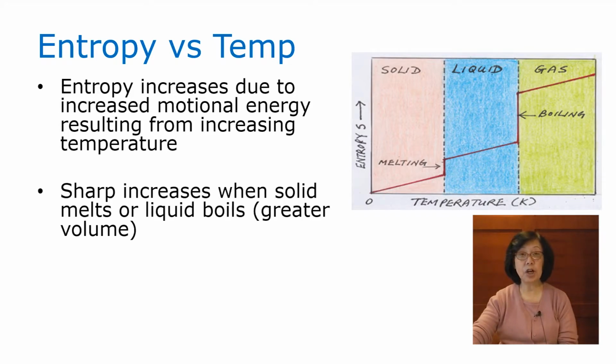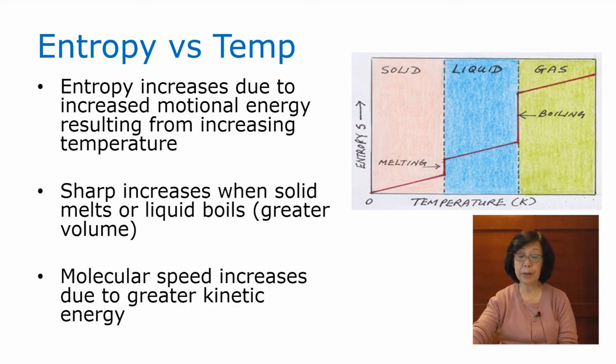Notice that there's a sharp increase, a vertical line, when the solid melts into liquid or when the liquid boils into gas, because now they have greater volume for movement. Molecular speed also increases due to greater kinetic energy at higher temperature.